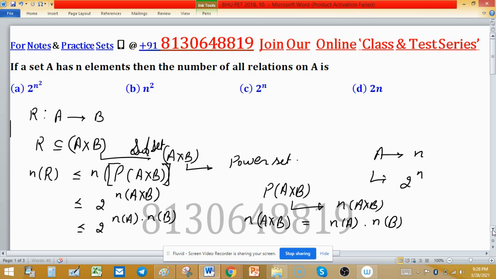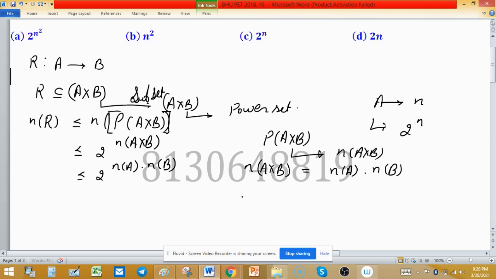Here A and B are both the same, so this is equal to 2 raised to the power n(A) times n(A), which is 2 raised to the power n squared.